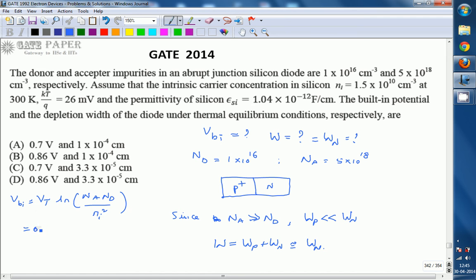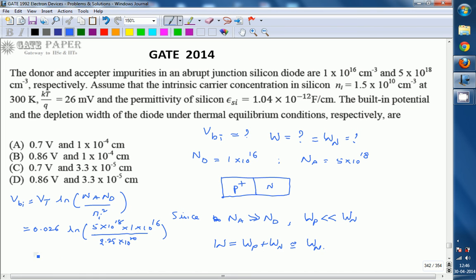So you can go in this way: 0.026 natural logarithm of Na, 5 into 10 power 18, into Nd, 1 into 10 power 16, divided by Ni, given as 1.5 into 10 power 10. So Ni square will become 2.25 into 10 power 20.